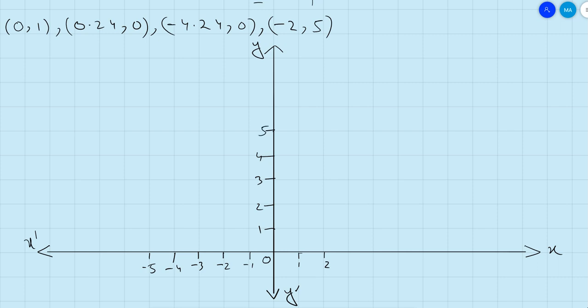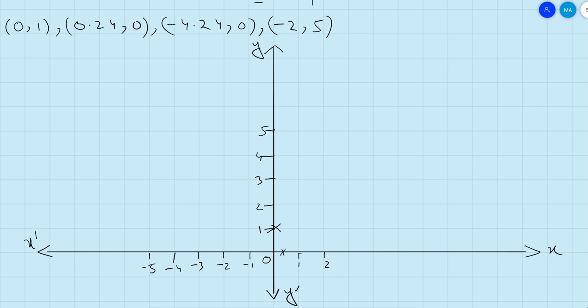The first point is 0, 1, x is 0, y is 1. This is the first point. The second point is x is 4.24 and y is 0. So this is 4, this is 5, and just before 5 I am taking 4.24. So this is the second point.